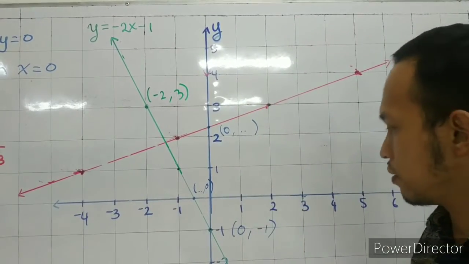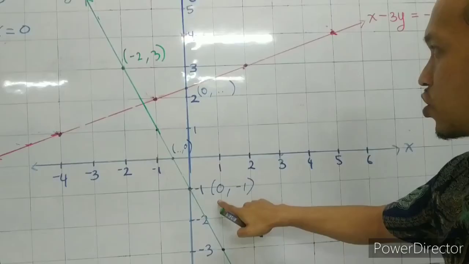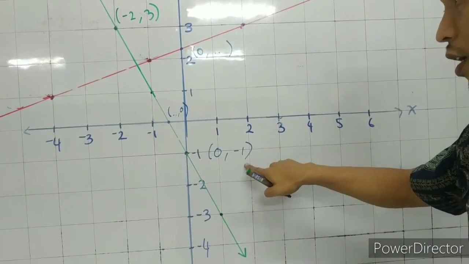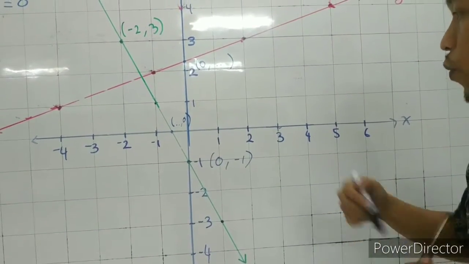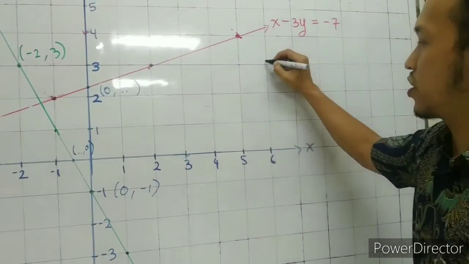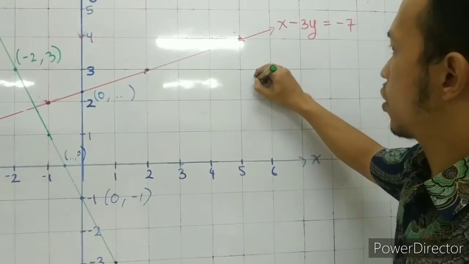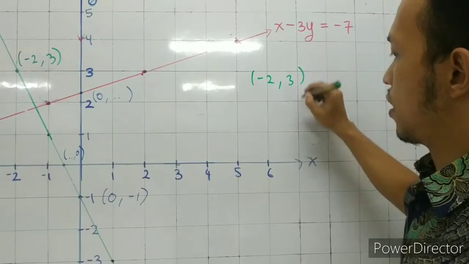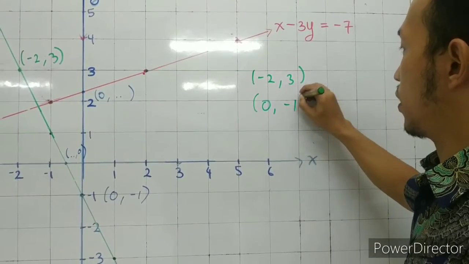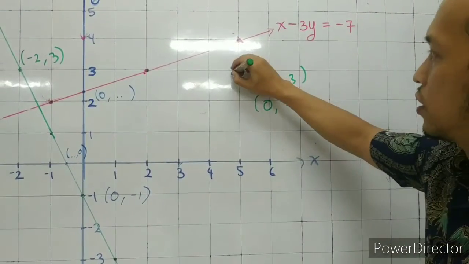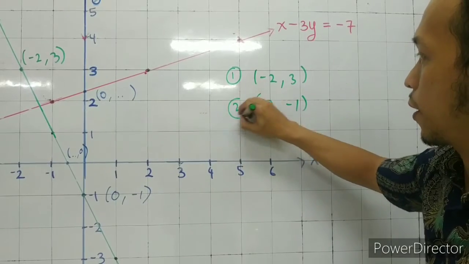And then the second one, I will use this one, (0, -1). So I will have 2 pairs, (-2, 3) and (0, -1). Let's say this one is the first, this one is the second.